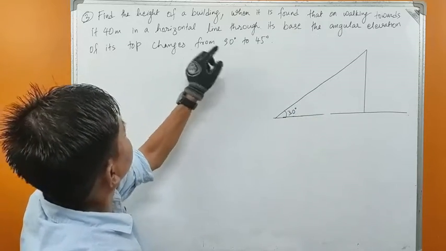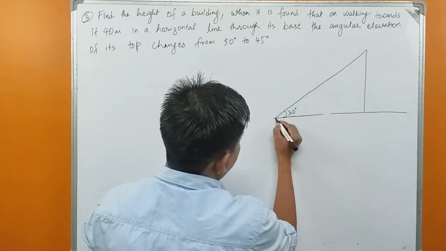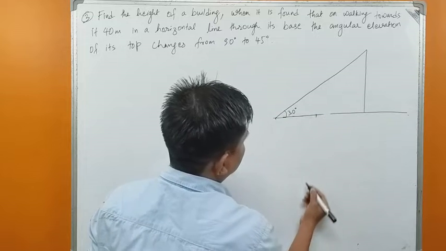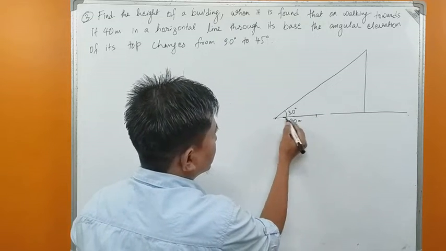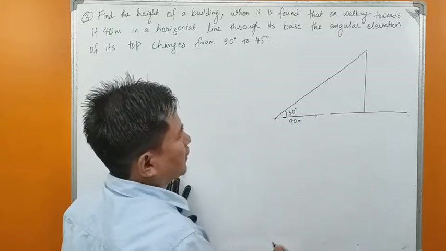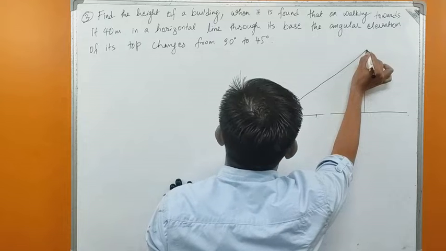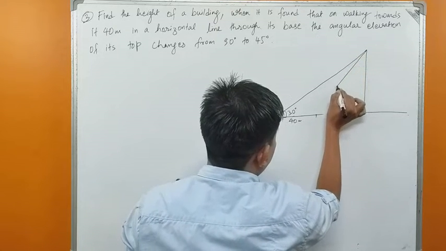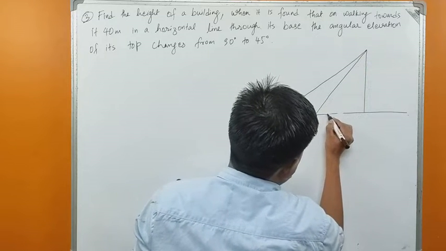Now on moving 40 meters towards the building, from here to here is 40 meters, the angle of elevation is changed to 45 degrees, isn't it? The angle of elevation is changed to 45 degree. Okay, so let's join this.